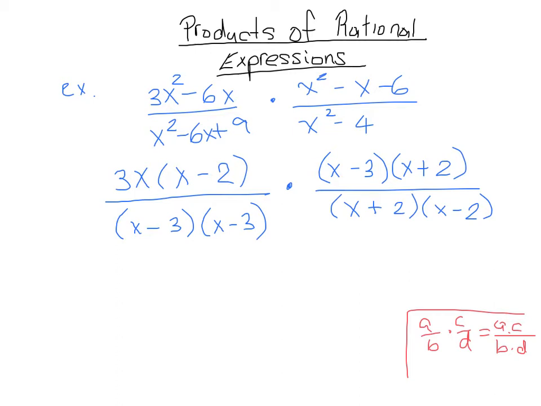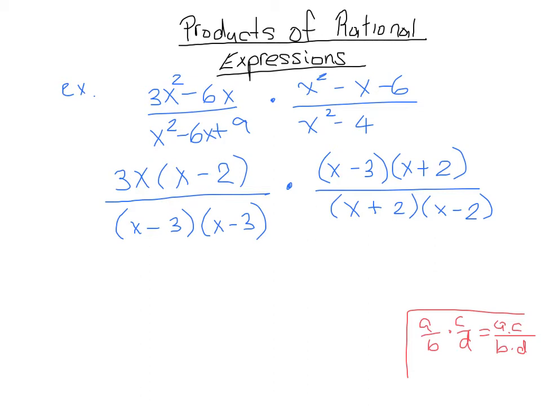Okay, now our little box over here tells us that all we have to do is multiply the top by the top to get the new numerator and the bottom by the bottom to get the new denominator. So I can just basically lump everything here together.